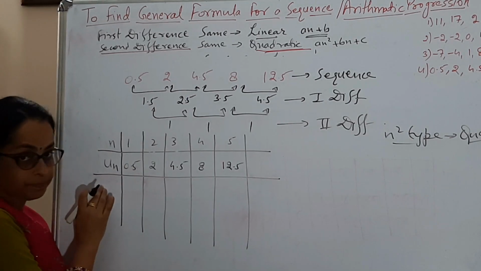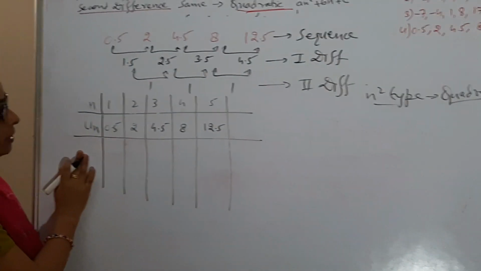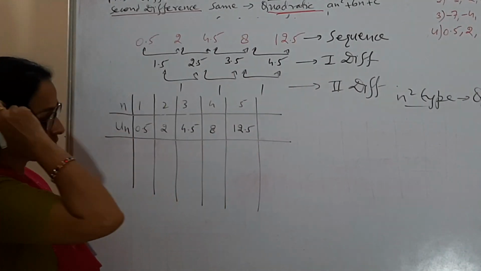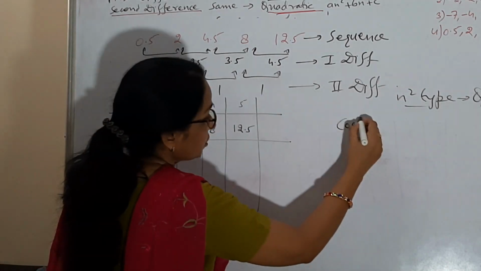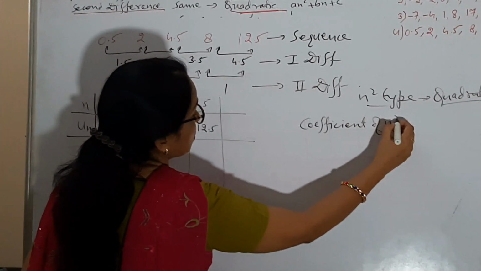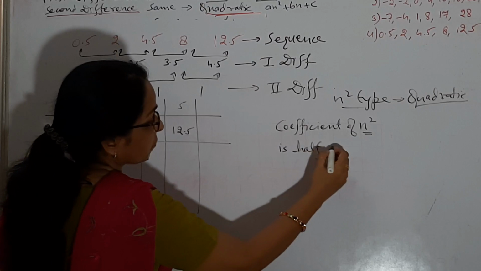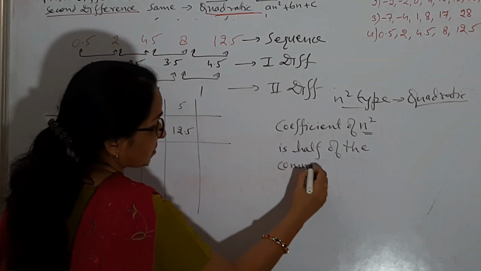Now here, what we have to write in place of n square? See, here the difference is 1, 1, 1. So what we have to remember is that the coefficient of n square is half of the common difference.